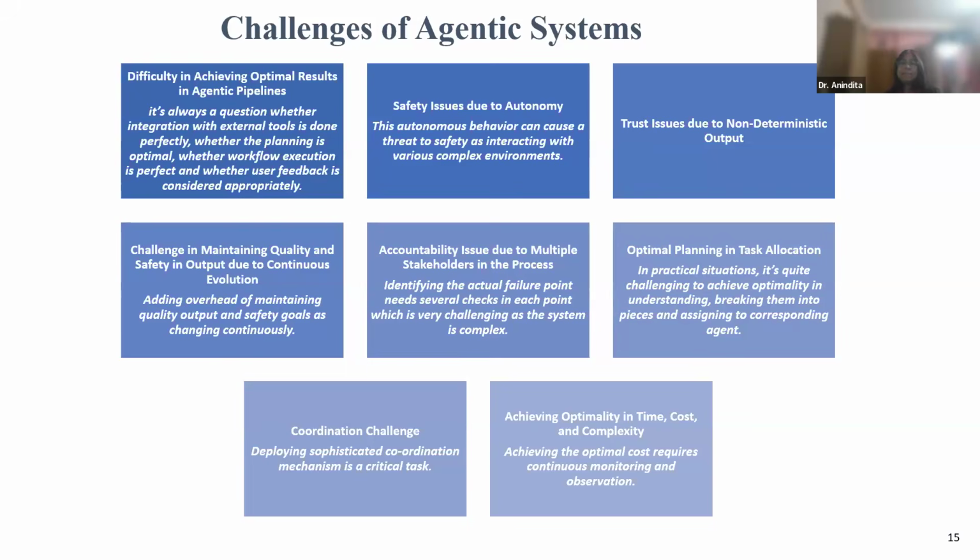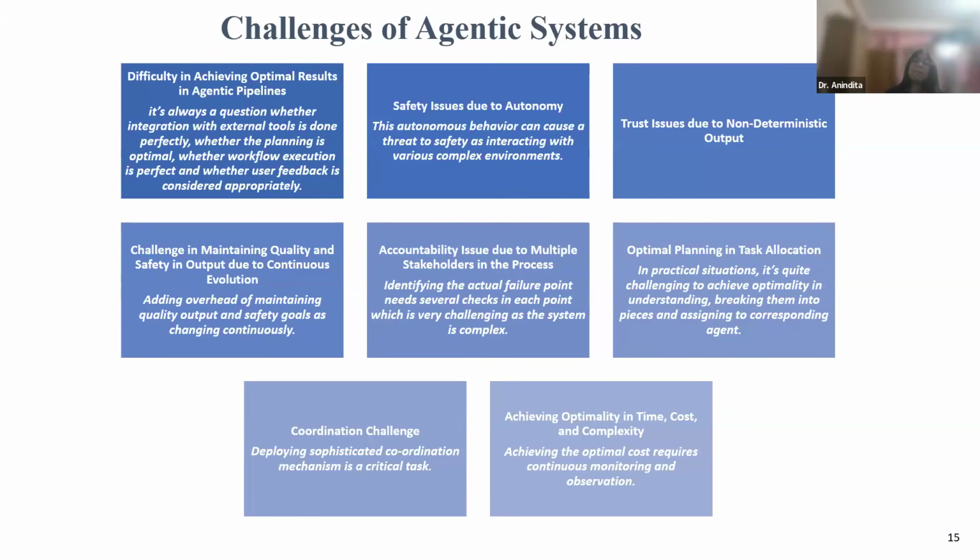Once the agentic system is there, there are also different challenges of agentic systems. So difficulty in achieving optimal result in the agentic pipeline. That can be one challenge, because the agentic system is developed, but how to get the optimal results, because we are not always getting that. Safety issues due to autonomy, because agents are autonomous.